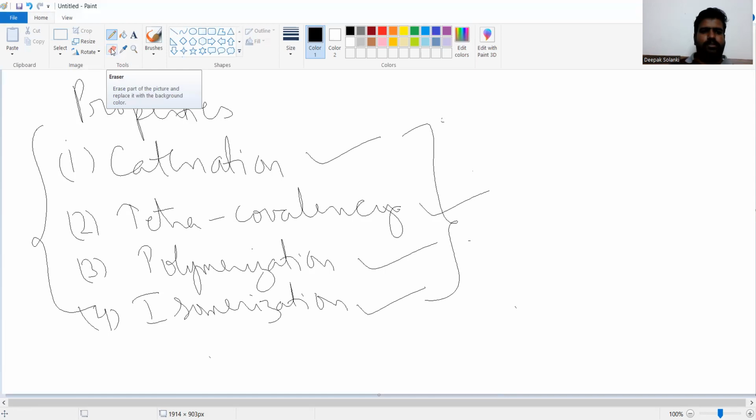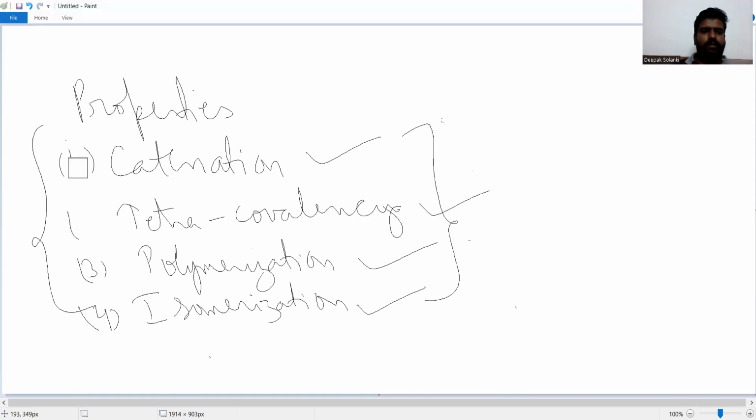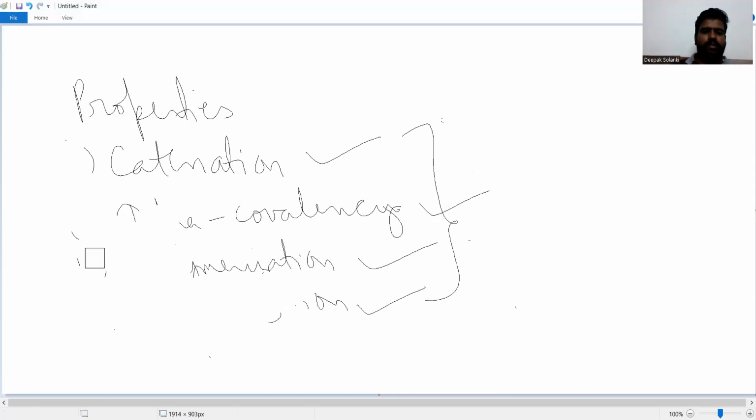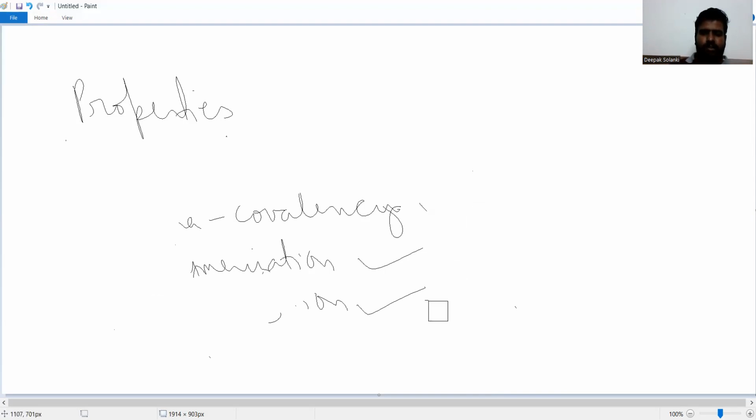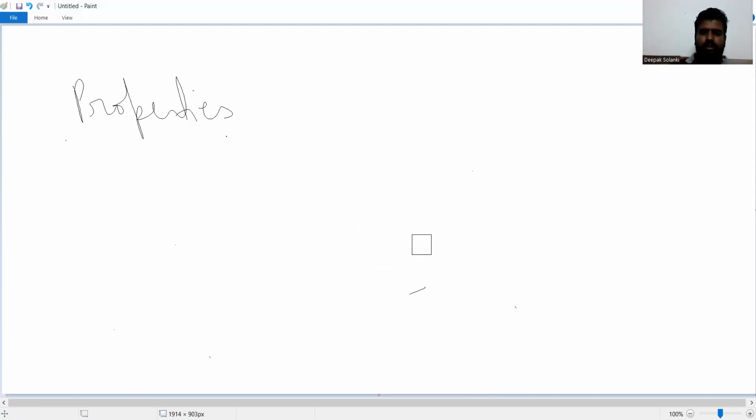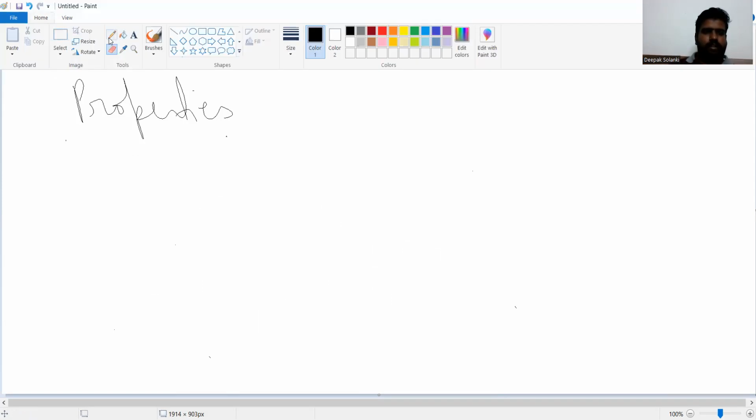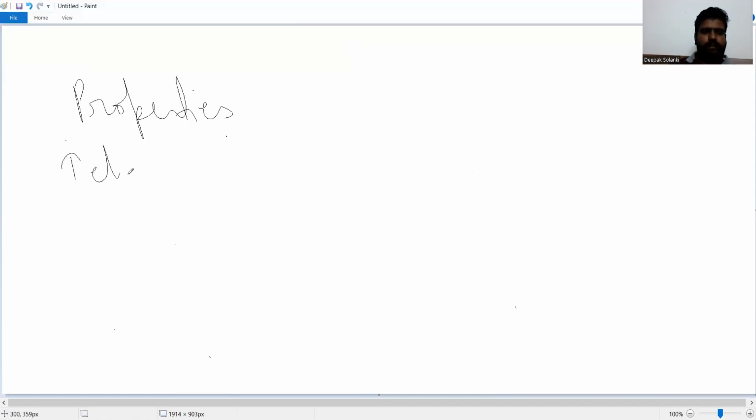So, first of all, I will discuss tetra covalency. Tetra covalency, as I said earlier, carbon has tetravalency. It has four valency. That's why it is known as a tetravalent compound. So I will write down here tetra covalency.